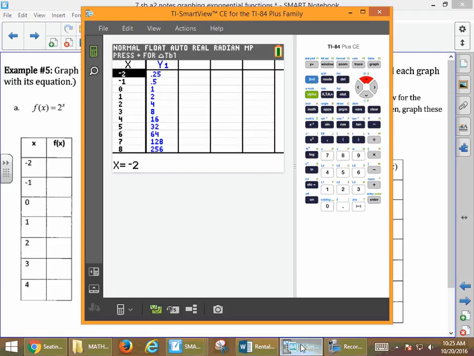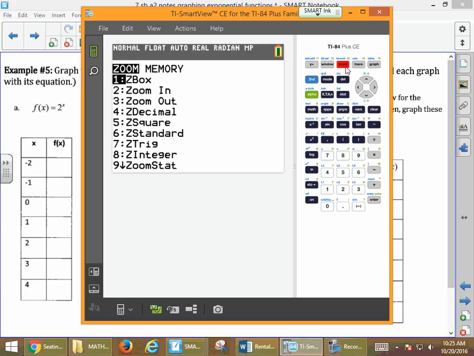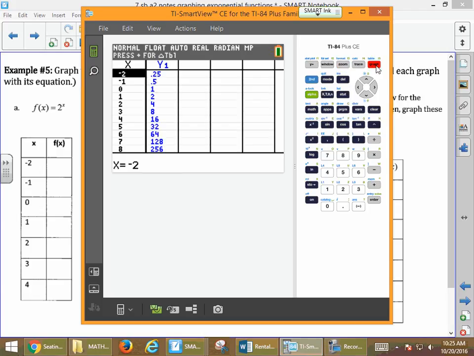And I think I still have this typed in to the calculator. But we can go back and type in 2 to the x power. Then we can go to second and table, and we can come up with our values. Well, -2 is 0.25.